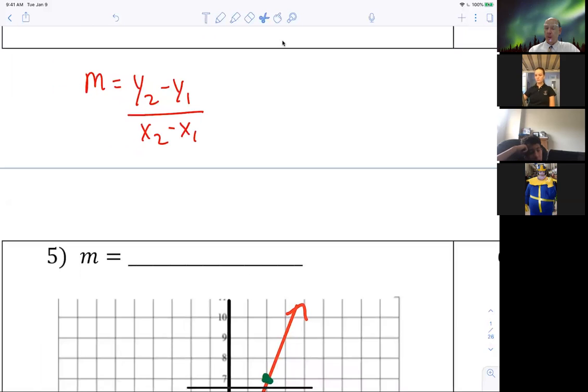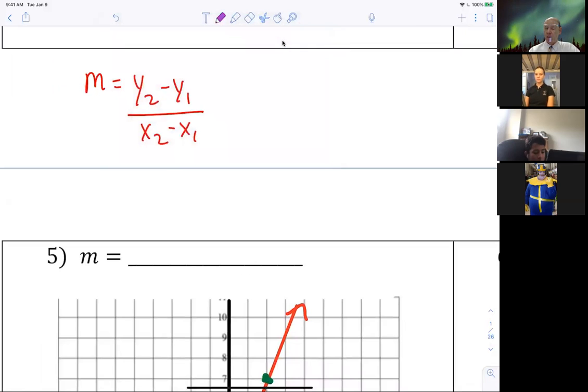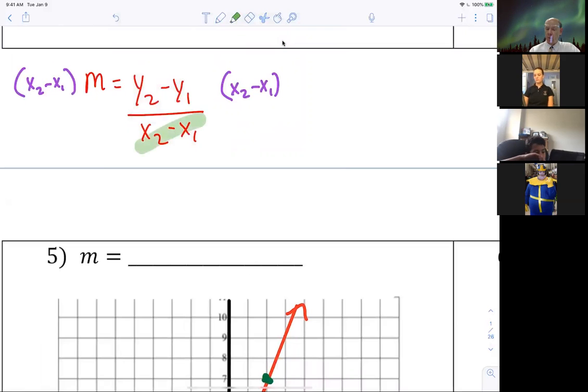All I'm going to do is multiply both sides by x2 minus x1. And what happens down here with the x2 minus x1? They cancel, right? So now y2 minus y1 equals m times x2 minus x1.